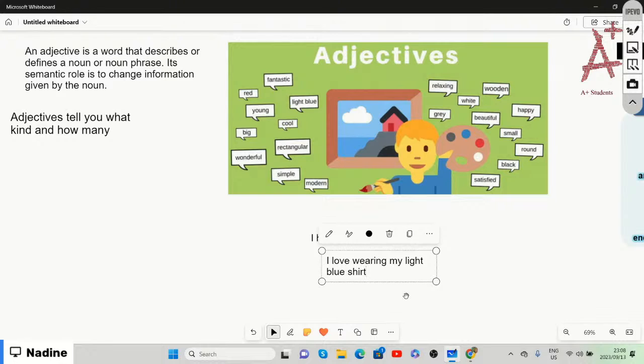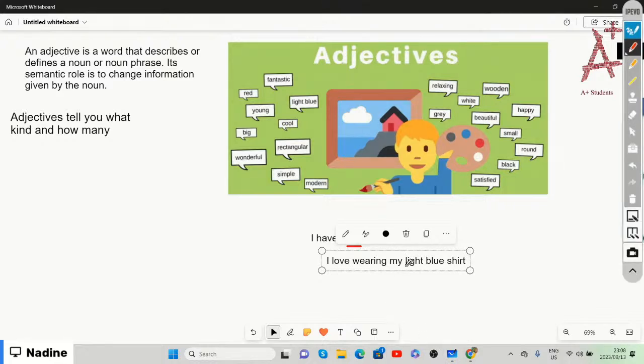So now it's not just the fact that you love wearing your shirt, but you love wearing your light blue shirt. So you are actually describing the noun. You are either telling us what kind, or you can tell us how many. And here are just a few of the other examples of adjectives that either tell us what kind, or tell us how many.